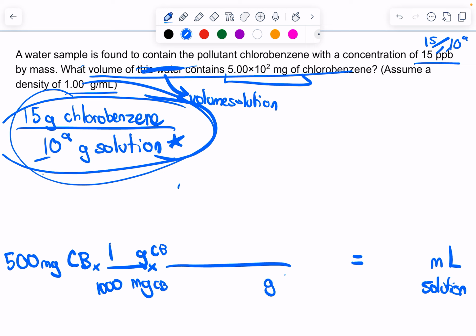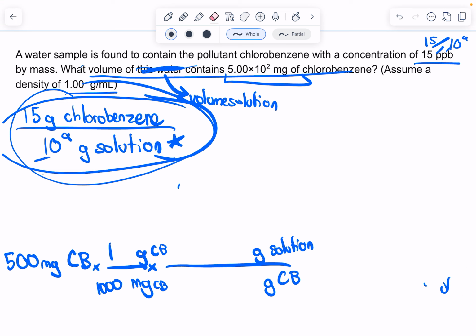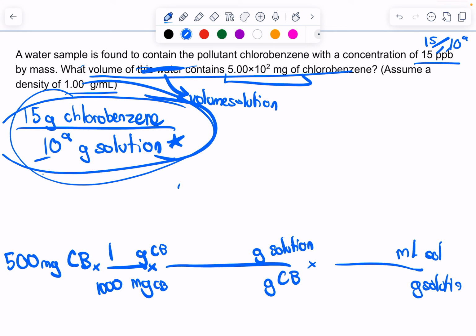So to get rid of that, I need grams of chlorobenzene on top. And, oh, I can't quite go to milliliters of solution yet. So I'm going to go to grams of solution. And then I'm going to go from grams of solution to milliliters of solution.